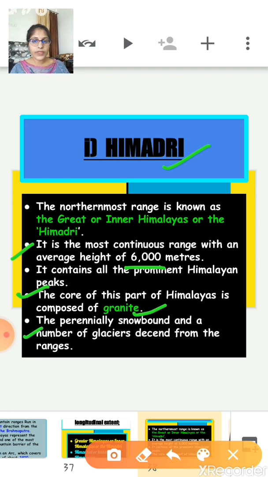Now, because of the loftiest height, the highest peaks of this range are completely covered with snow, and important glaciers like the Siachen Glacier, Gangotri Glacier and Yamunotri glaciers are also located in this range.